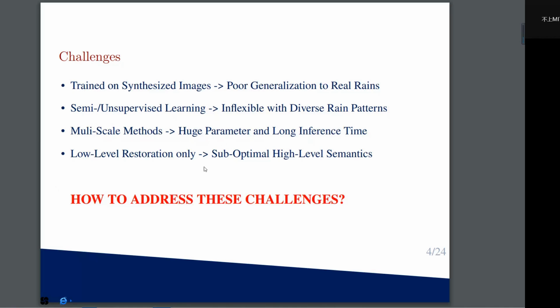Furthermore, all these 3 state-of-the-art approaches focus on low-level image restoration and ignore the rich high-level semantic details, which is important for high-level vision tasks such as object detection, instance segmentation, and semantic segmentation.